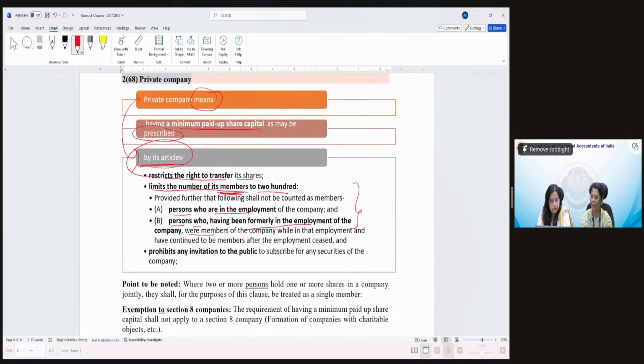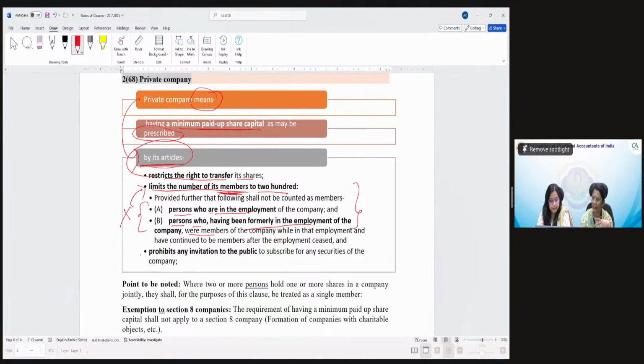So these two categories of persons will be excluded from the limit of 200 members.